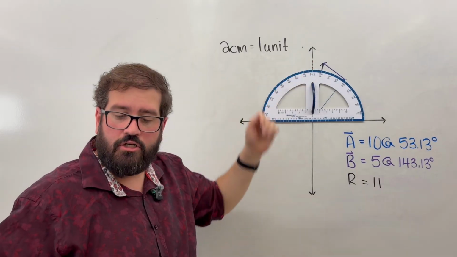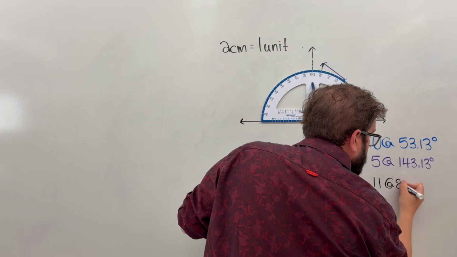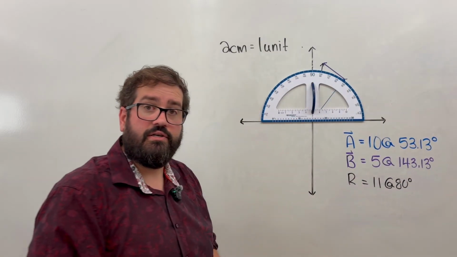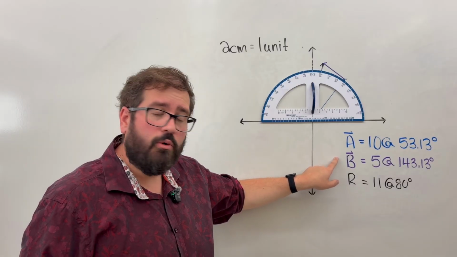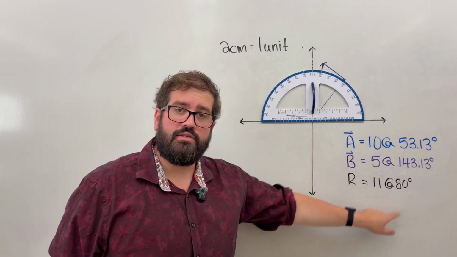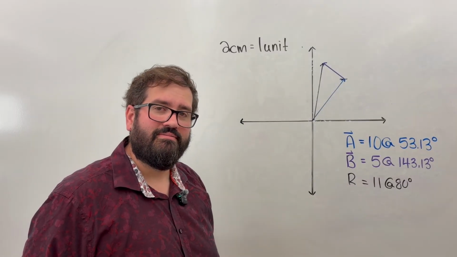That's at about 80 degrees. And I can say my resultant vector is at 80 degrees, which means vector A plus vector B would equal 11 at 80 degrees. That was our first method of adding vectors together.